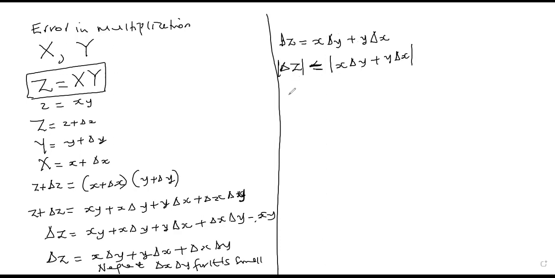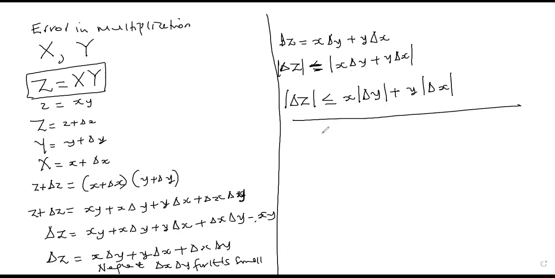If you take the triangular inequality, it will be delta z is less than or equal to, these are equal signs. So here we bring in the triangular inequality. The triangular inequality will move x outside, then delta y in the magnitude, then plus y delta x. So that is what we are having as absolute error.